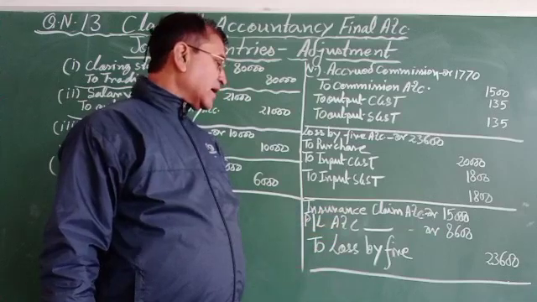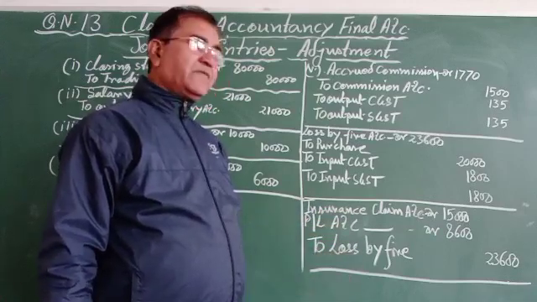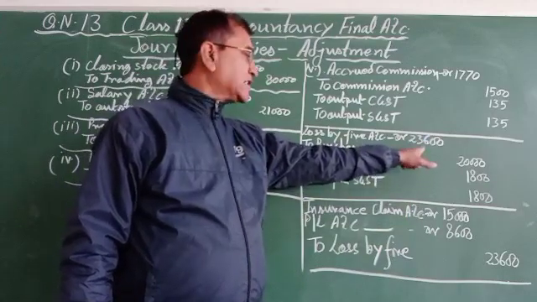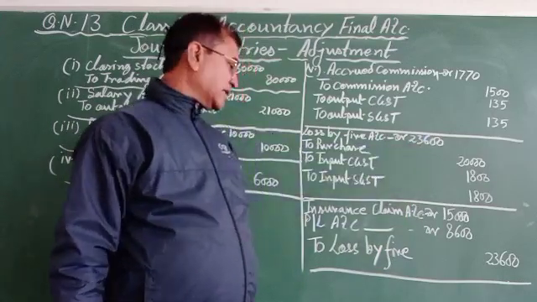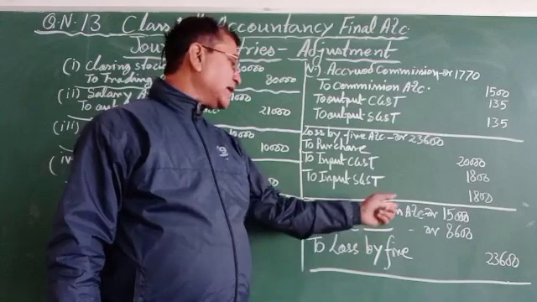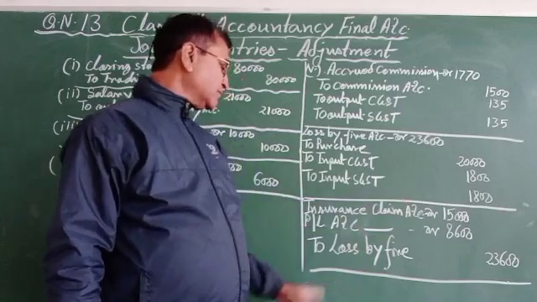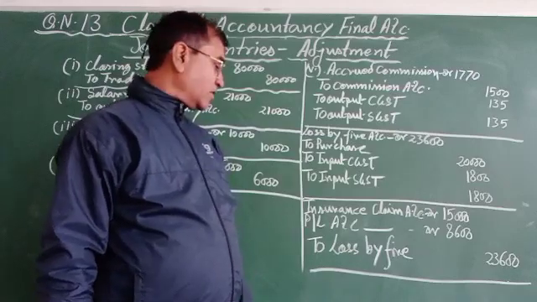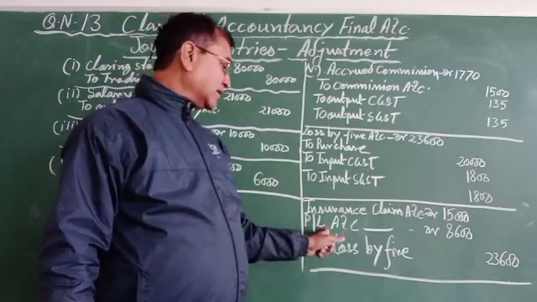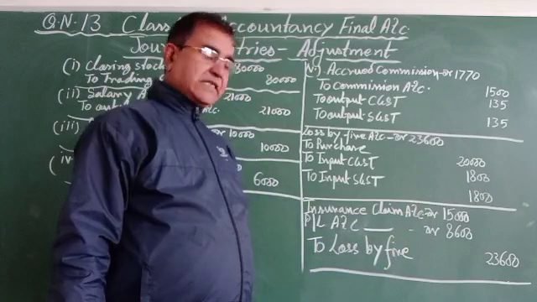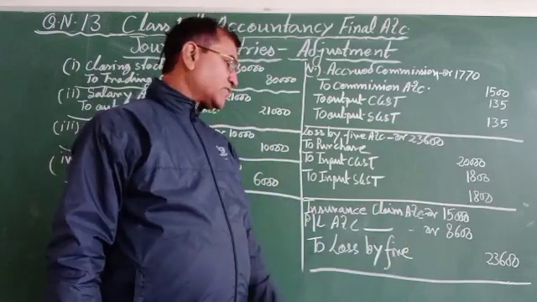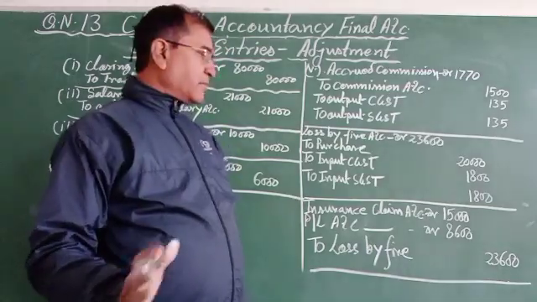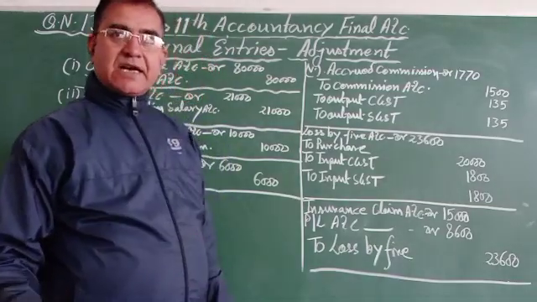The insurance company admitted the claim of rupees 15,000 only, total loss including GST 23,600, and the insurance claim account debit 15,000, and profit and loss account, whatever the loss incurred during the assessment year, that is the 8,600, to loss by fire account, that is written off. This is the proper way of passing the journal entry.